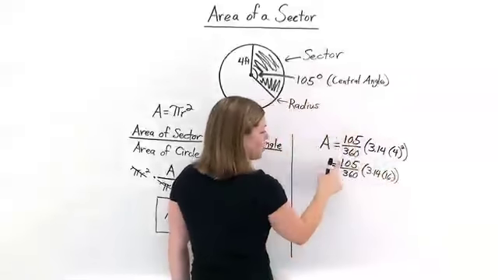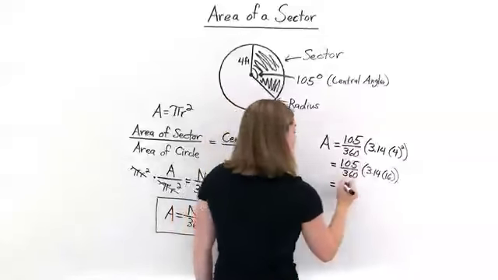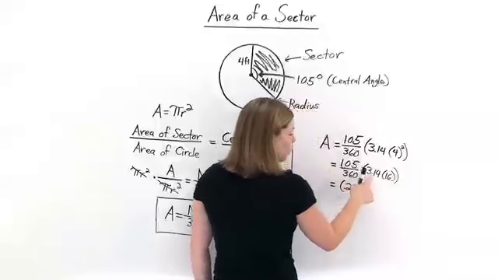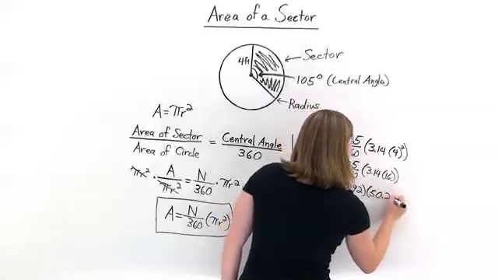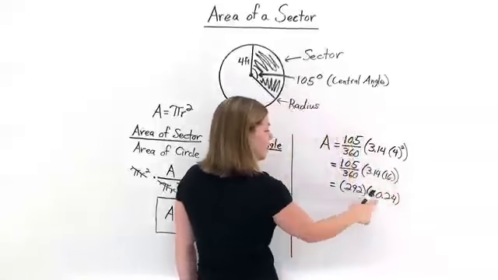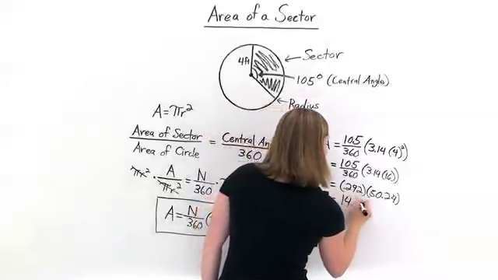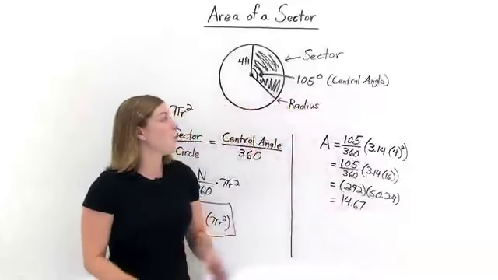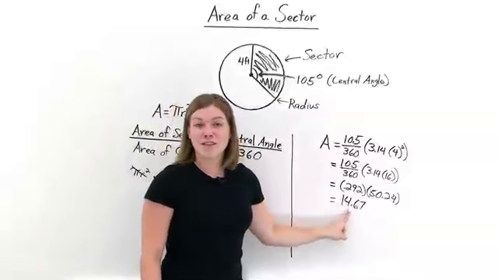Then we can take 105 over 360, and if we approximate that to 3 decimal places, we get 0.292. 3.14 times 16 is 50.24. Now we take these two numbers and multiply them together. When we do, we get 14.67. So the area of our sector, or the area of this shaded region here, is 14.67.